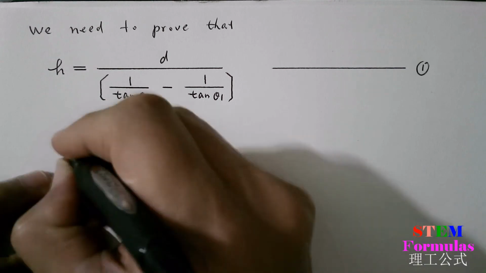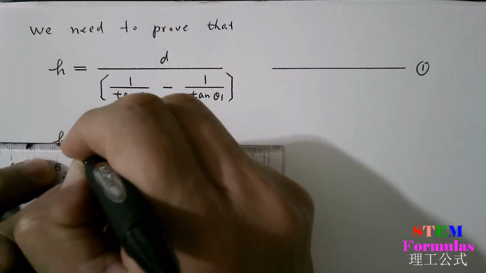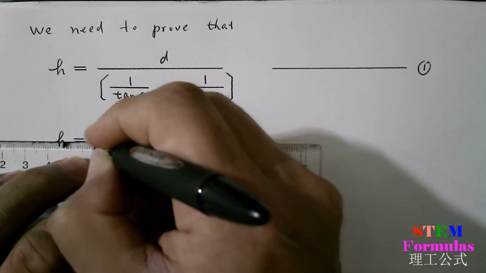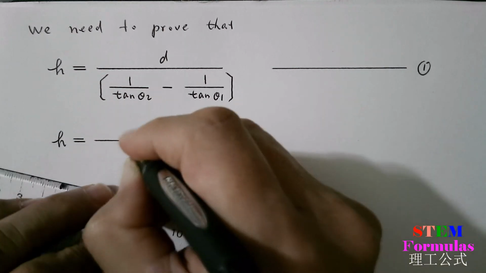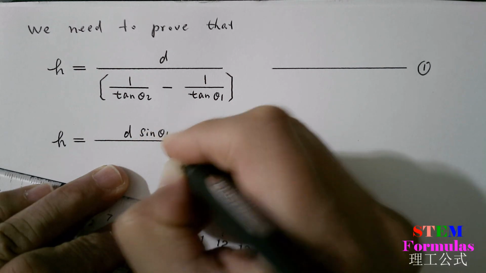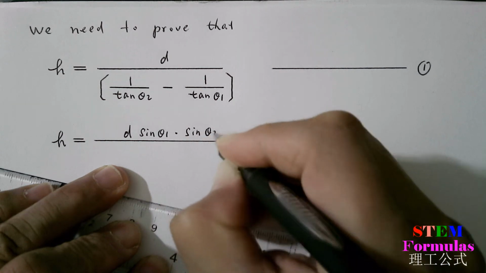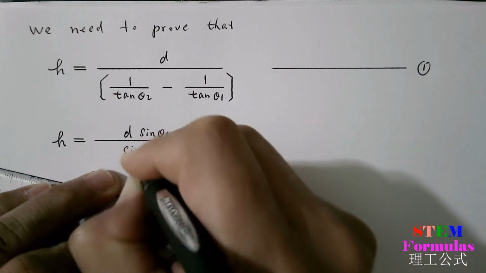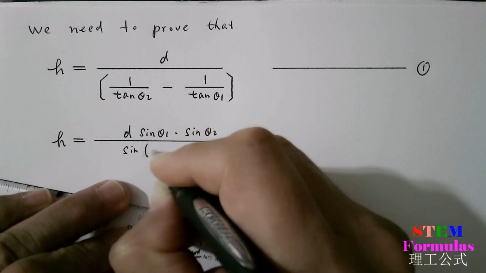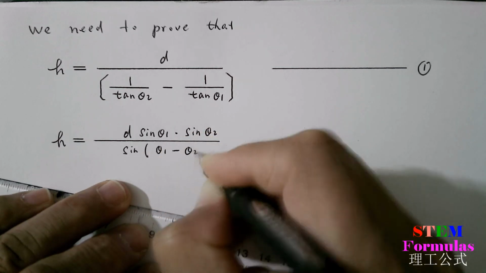And another one, h equals d sine theta 1 times sine theta 2, over sine bracket theta 1 minus theta 2.